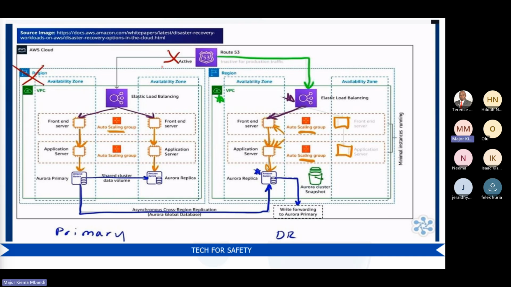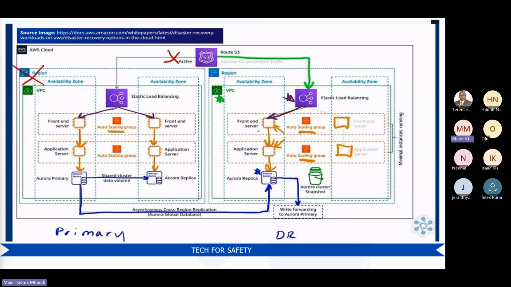So in case a disaster happens in region A, what will happen now? Route 53 will start routing traffic to the DR region and then balance traffic using the elastic load balancer. As you can see, the front end is one server in a single availability zone. Remember, this architecture needs to be served using 2 instances.